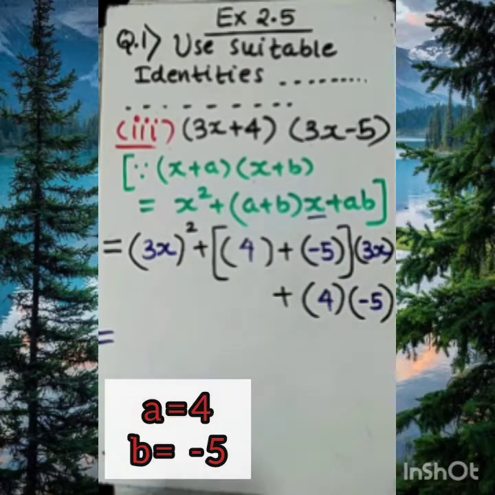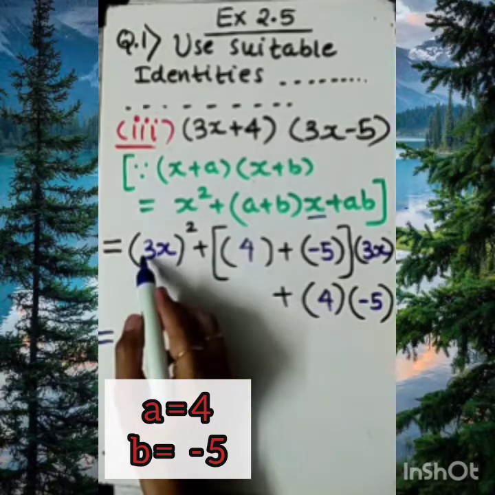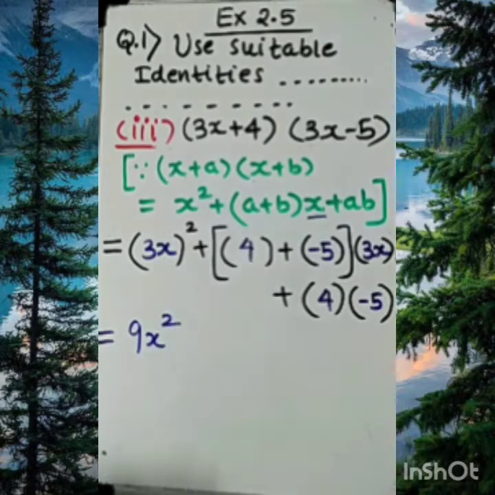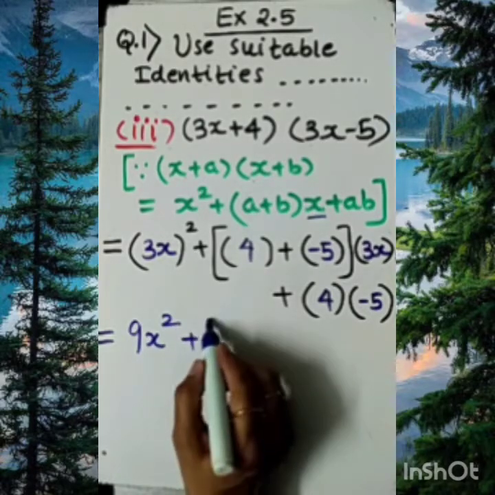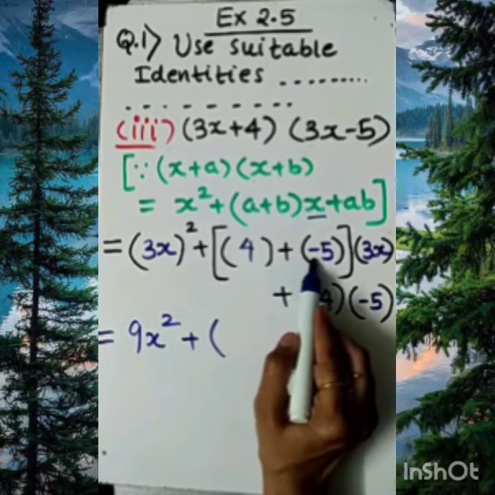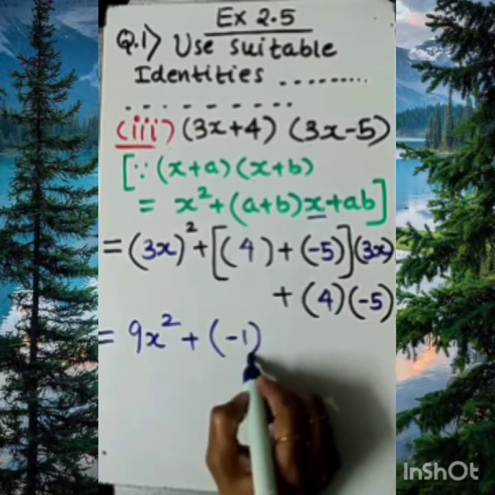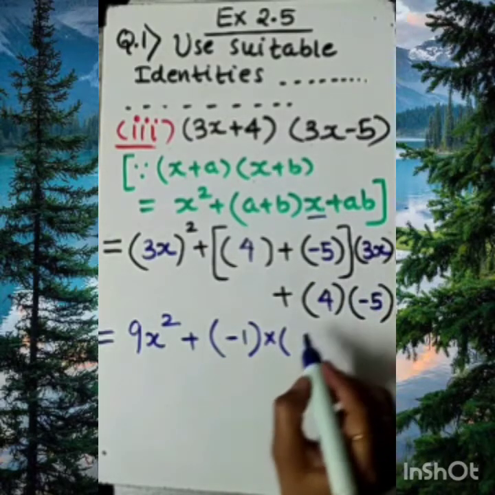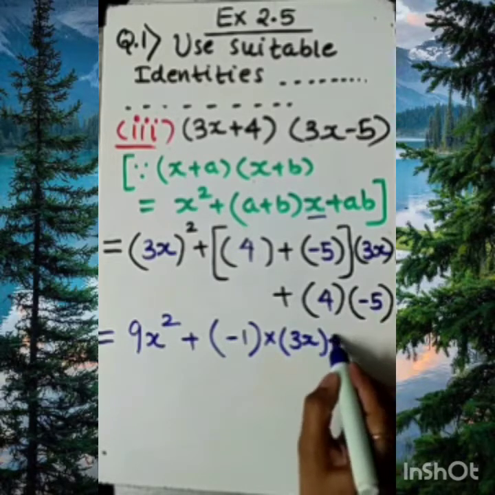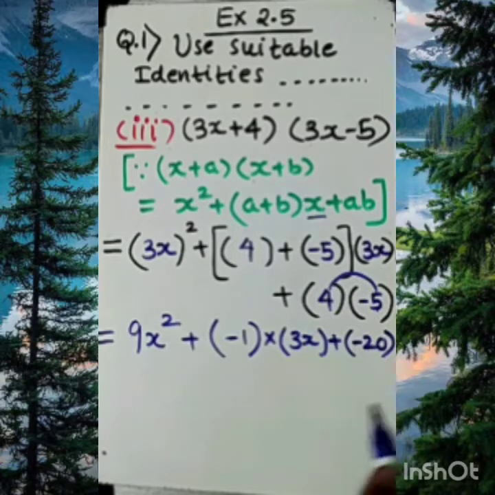So dear student, the next step will be 3x whole square. 3 square, we know, is 9, and this is x square, so 9x square, plus in the bracket 4 minus 5, which gives the result minus 1, into 3x that we are given, fine, and the product of these two, 4 times 5 is 20, so here it is minus 20.